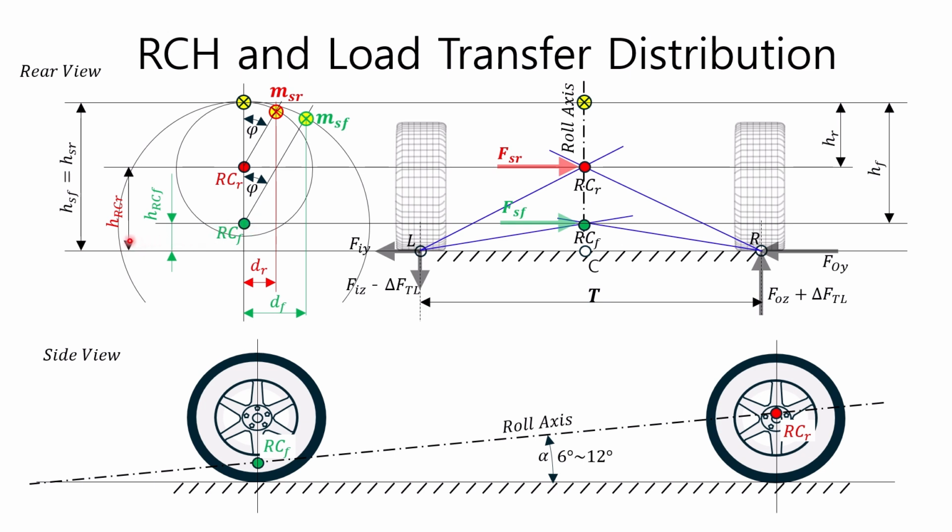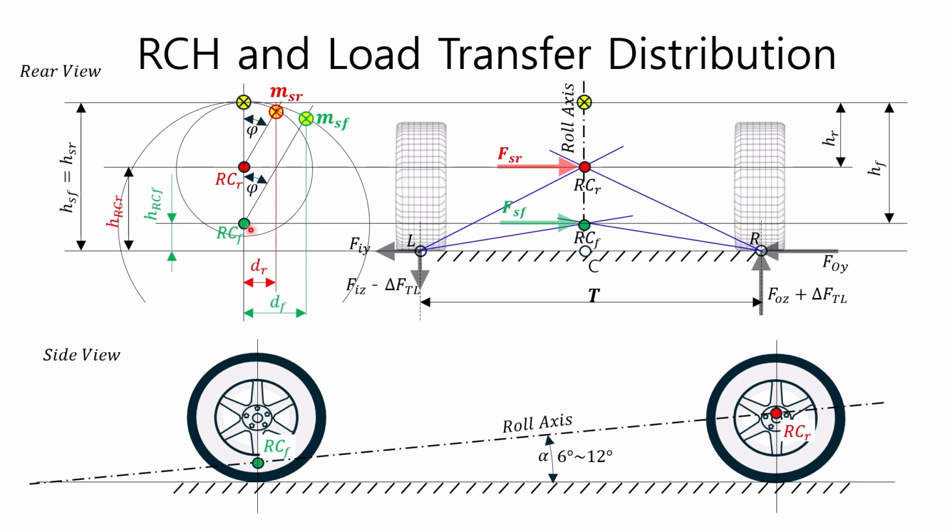Furthermore, HRCR represents the height of the rear suspension roll center, and HRCF represents the height of the front suspension roll center. Here, HR represents the distance from the rear sprung mass center to the rear suspension roll center, and HF represents the distance from the front sprung mass center to the front suspension roll center.